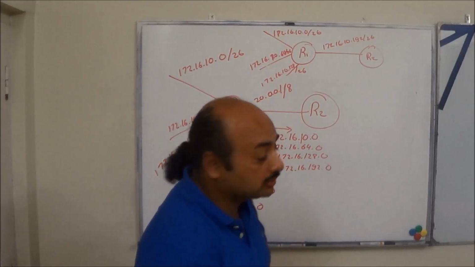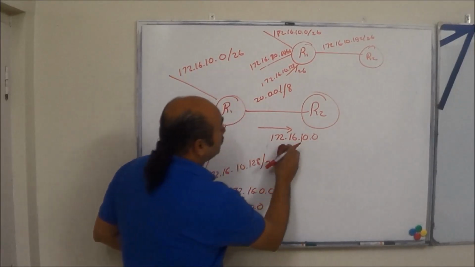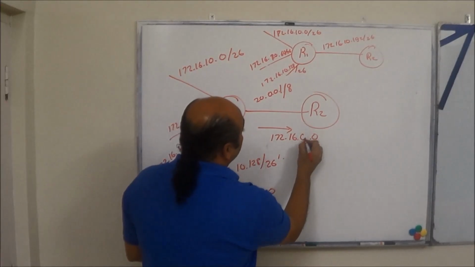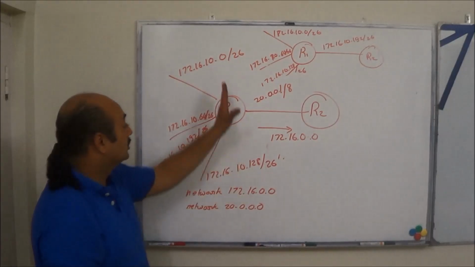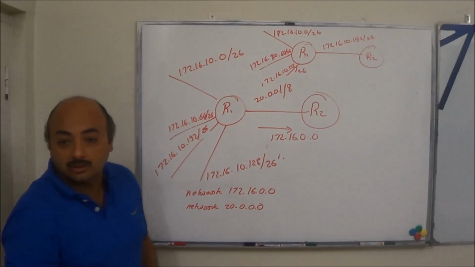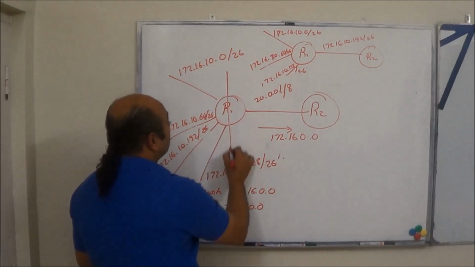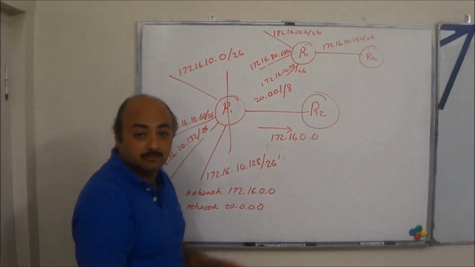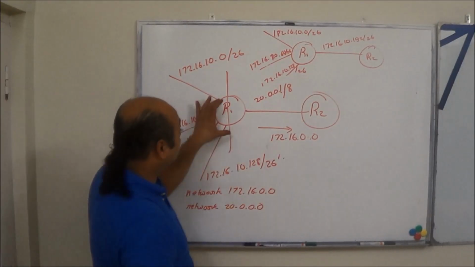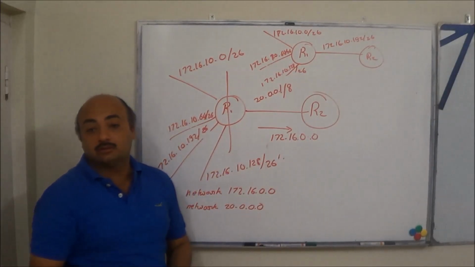By not sending these, it has automatically summarized on the network boundary, because this is a division of two networks. R1 is the boundary of two major networks, so when it passes this information to the other network, it is going to summarize and send it.